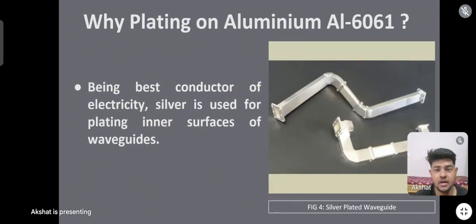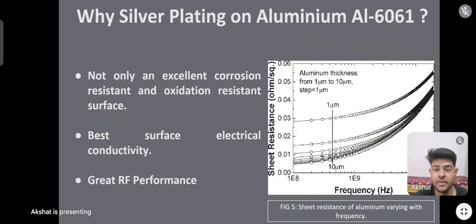Why is plating done on aluminum Al6061? The figure shows silver plated waveguides. Being the best conductor of electricity, silver is used for plating the inner surfaces of waveguides. As you can see in the figure, the sheet resistance of aluminum at so little thickness is very high, and as we discussed, the resistance should be low if we are talking about the transmission of RF waves.